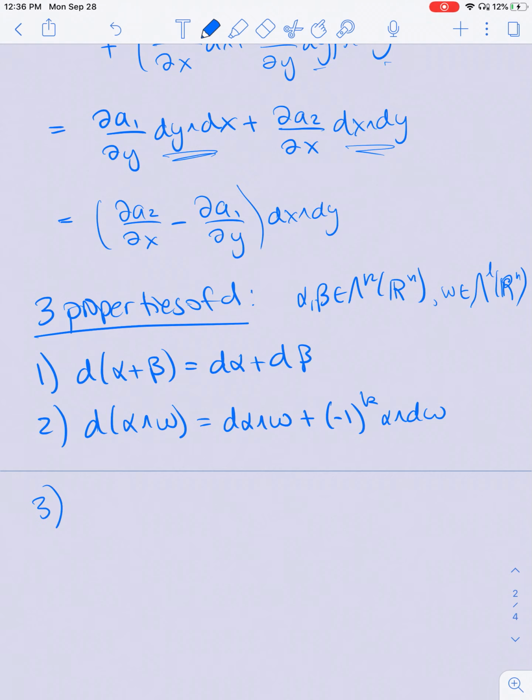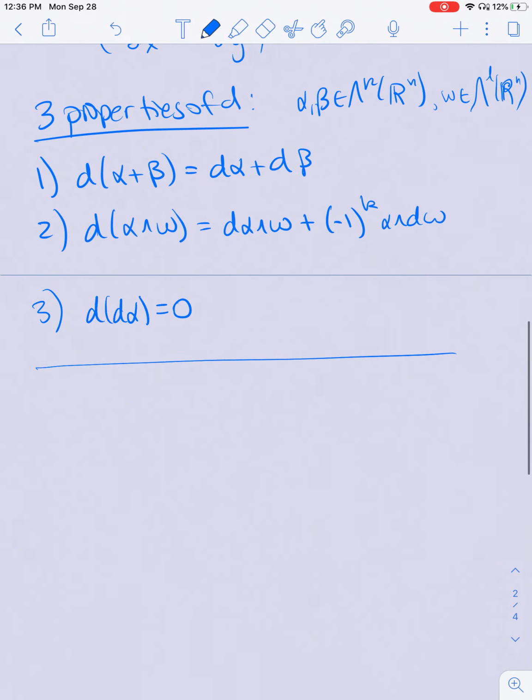And then lastly, d of d alpha is always going to be 0. So we'll prove the first one, and I'll show you in this example that we've done the third one.